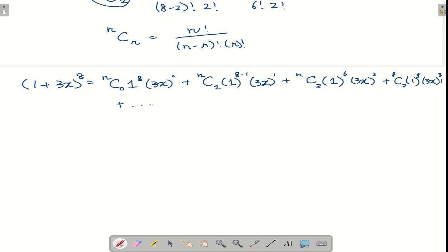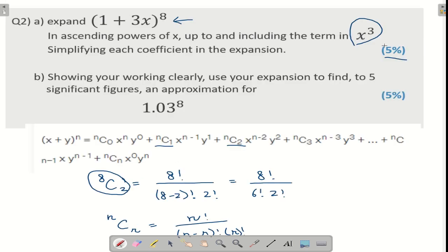But we don't care about powers of x higher than 3, because the question asks only up to the term in x cubed.